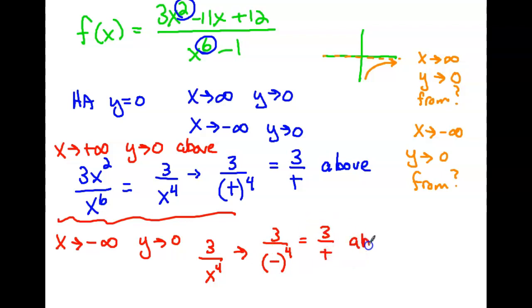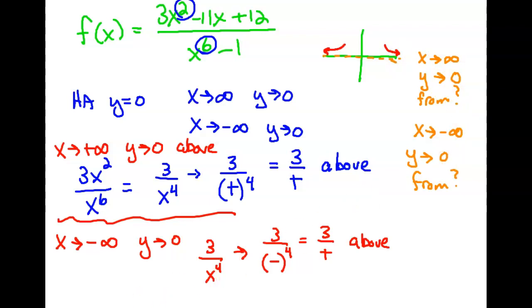So that means that as x goes to negative infinity, the graph is approaching 0, the horizontal asymptote, from above again. Now, I don't exactly know what this graph looks like, and I'm not asking you to know that either. But in essence, we have it basically on this side approaching 0 from above, and on this side approaching 0 from above. That's all you're trying to figure out.